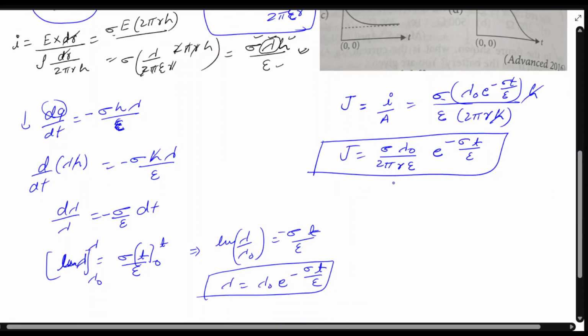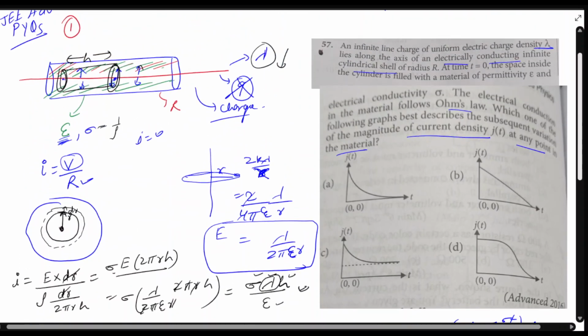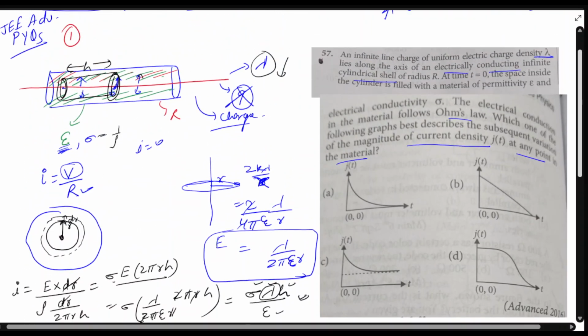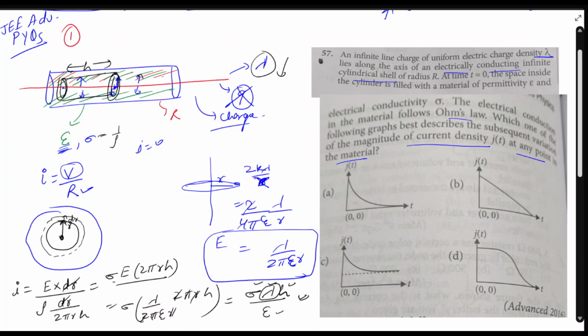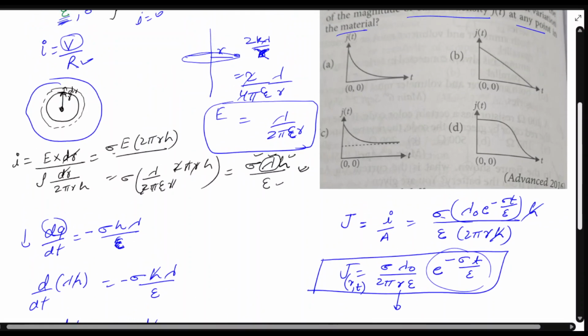Okay, so this r is a variable and t is also variable, so this j is basically a function of r comma t. So this is the current density at any point which is at a distance r from this line and at a time t. So we do not need r, so we'll just consider it changing with t. It is decreasing exponentially, right?